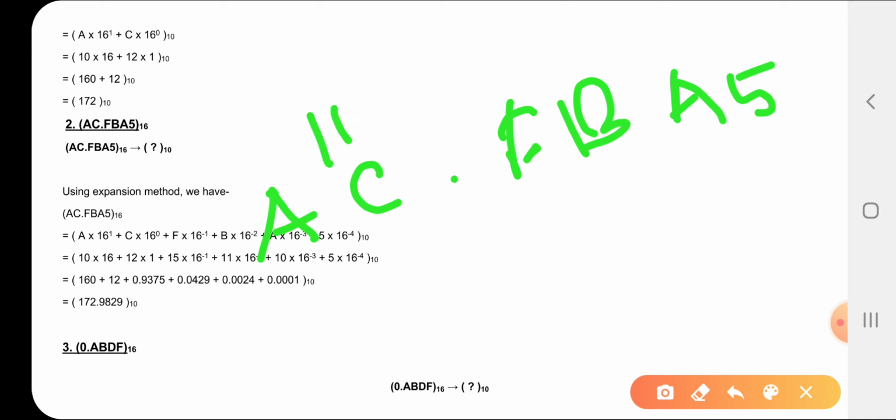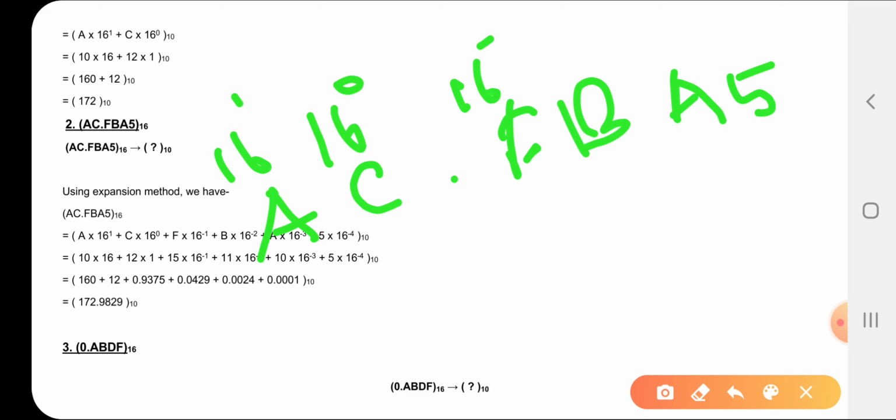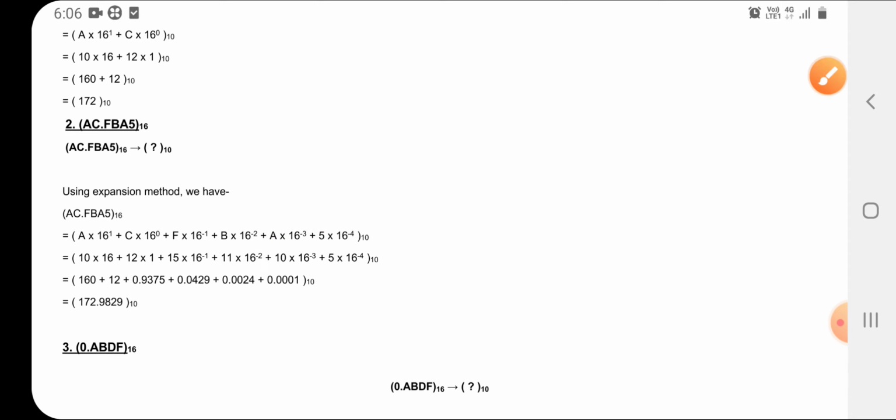Okay, so this is 16 power 0, this is 16 power 1 and this is 16 power minus 1, 16 power minus 2, 16 power minus 3 and 16 power minus 4. Okay, after writing this, first you write the positional value, then you write A into 16 power minus 1, C into 16 power 0 plus F into 16 power minus 1, B into 16 power minus 2, A into 16 power minus 3, 5 into 16 power minus 4.